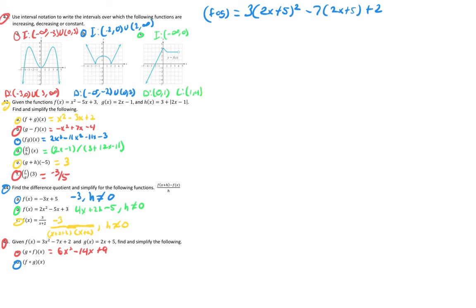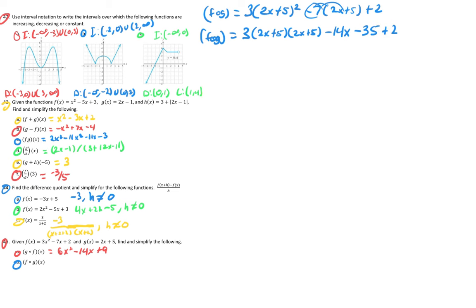Now we get to do the simplifications. 3, this is really (2x plus 5)(2x plus 5). Remember to distribute the minus sign to each of them.